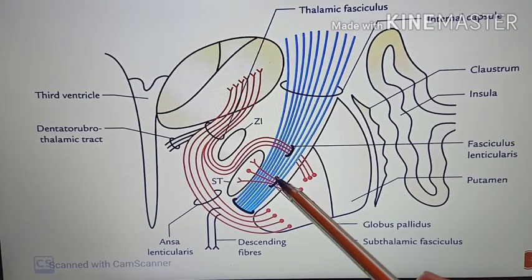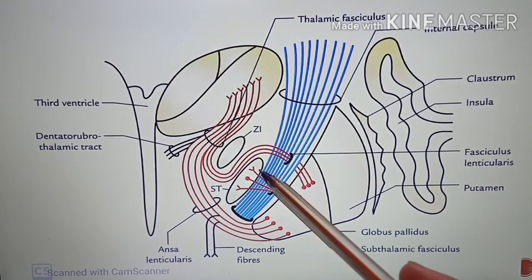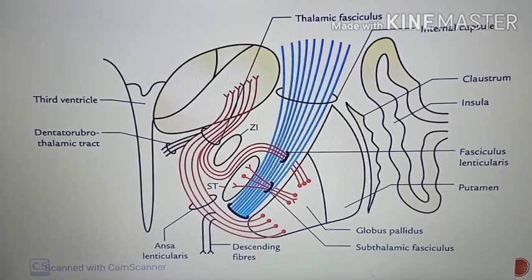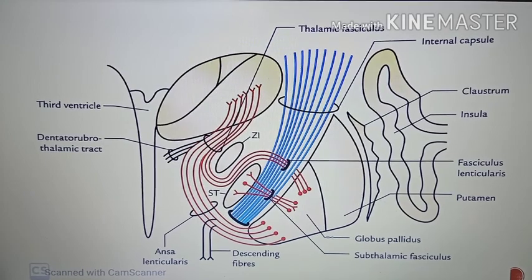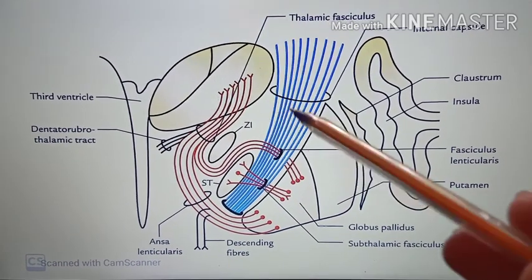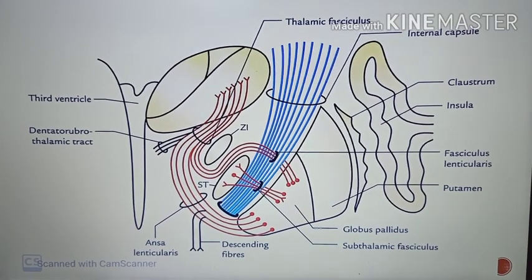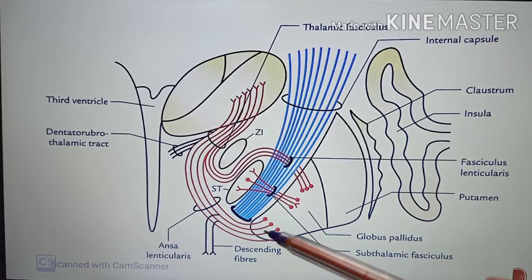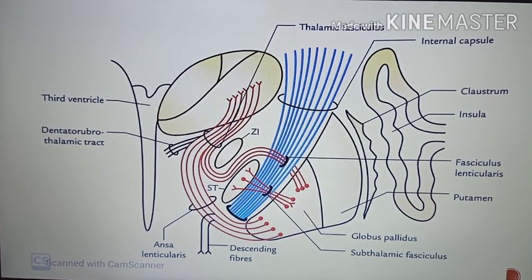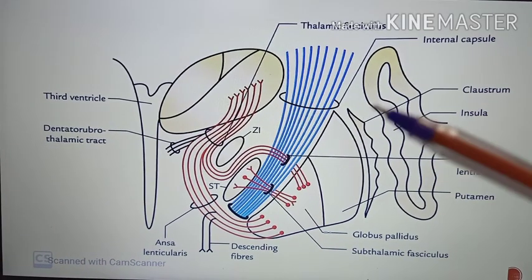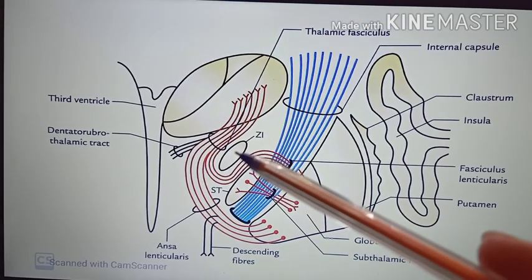Now coming to the subthalamic nuclei. This is the subthalamus. It is a small nucleus present in the ventral part of the diencephalon. It is located caudal to the lateral half of the thalamus, and inferior medial to the globus pallidus. It is separated from the thalamus by a smaller nucleus called the zona incerta.